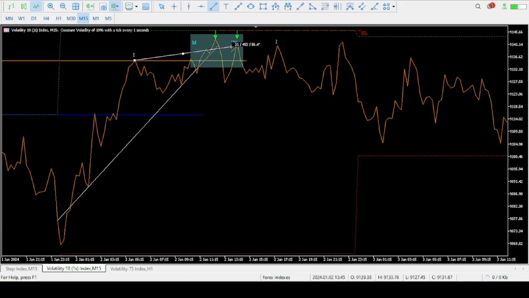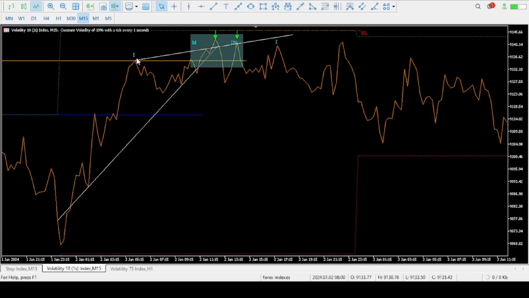You can predict as soon as you get the first high, then you can predict the second high of M, because you connect the I and the first high of M, that will give you your in.